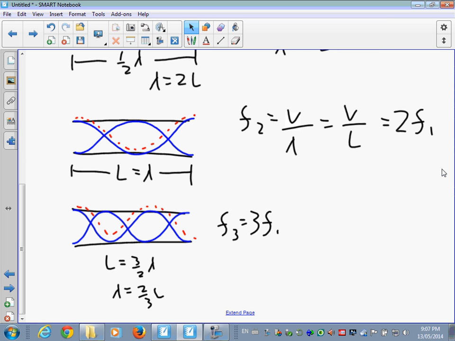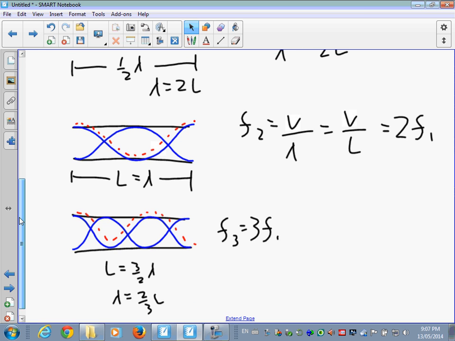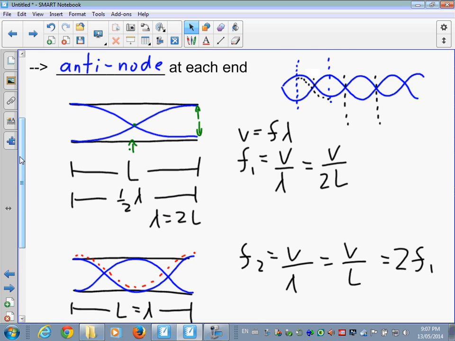In the same way that we have with strings, what you're going to hear is very likely that fundamental frequency. So notice that as L goes up, the frequency ends up going down.